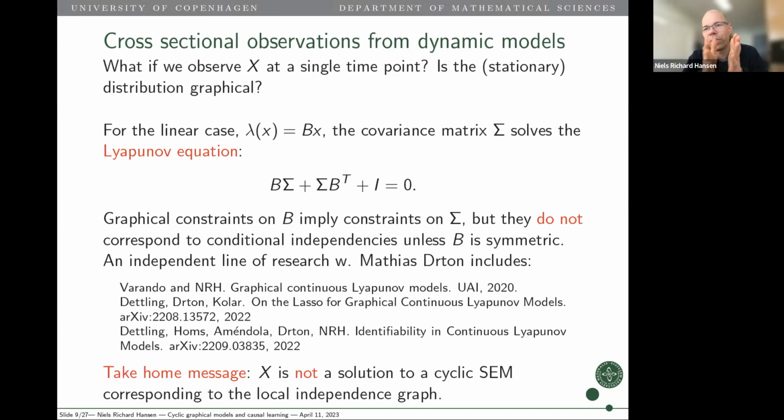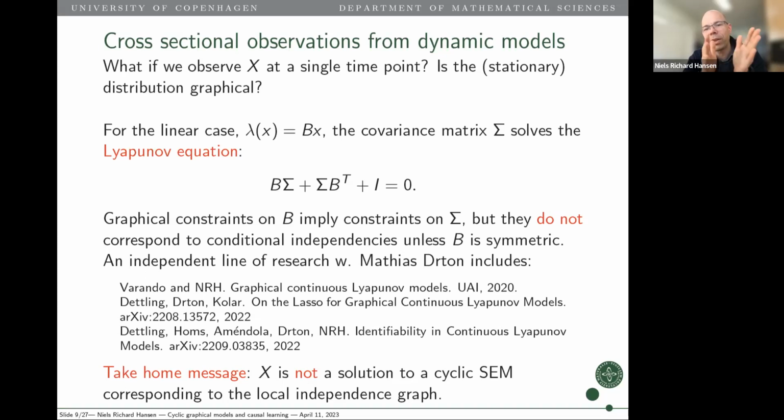Contrary to the constraints that you get in your framework, where you have, for instance, a deterministic differential equation and then a cyclic structural model, that does imply some conditional independencies, even if they're difficult to detect, it's nevertheless conditional independencies.